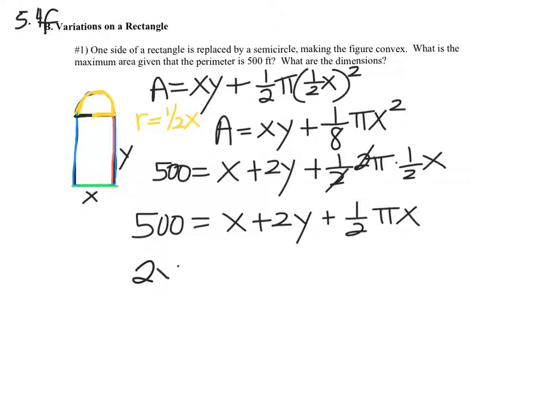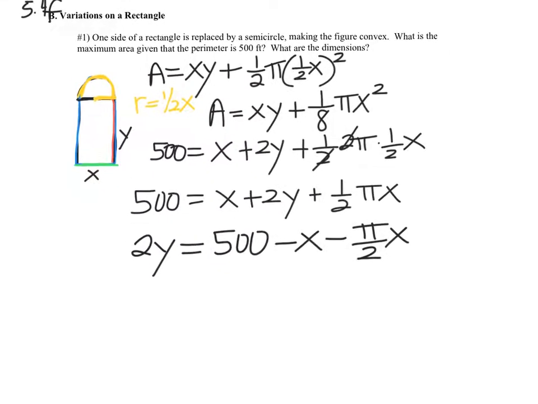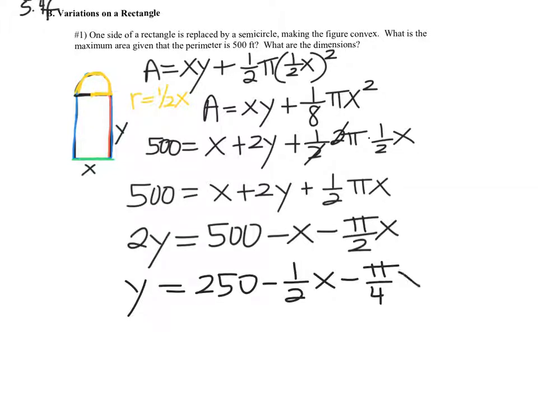So we get 2y equals 500 minus x minus, I'm going to rewrite this as pi over 2x. And then I'm going to divide everybody by 2. So y equals 250 minus 1/2 x minus pi over 4x.